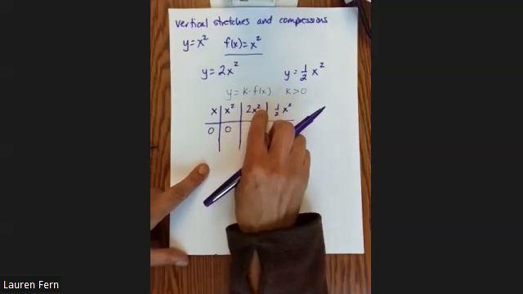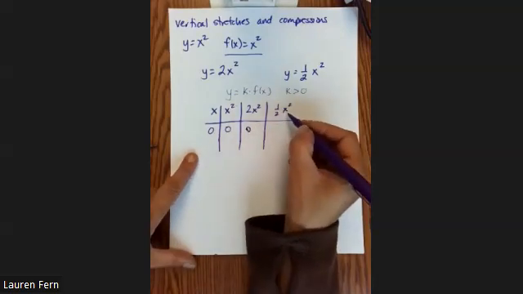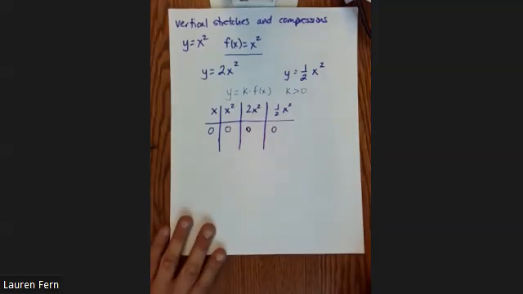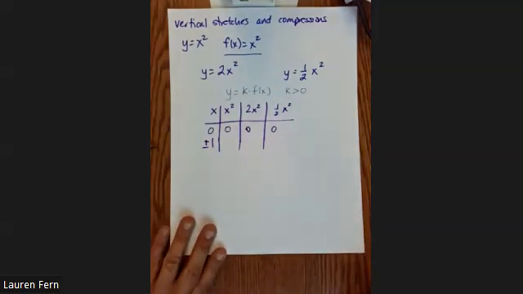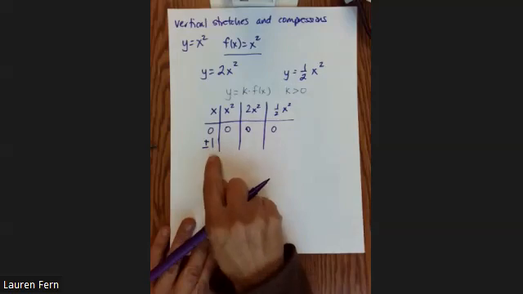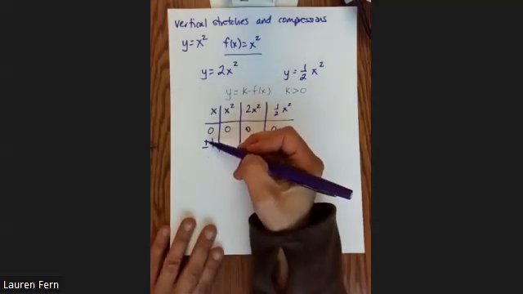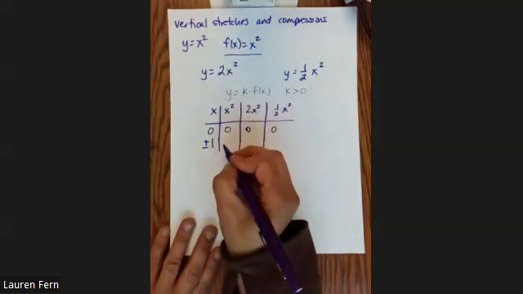What is 2 times 0 squared? 0. And 1/2 times 0 squared is also 0. Now I'm squaring this, so let's look at positive and negative 1 simultaneously, because when you square both positive and negative 1, you get the same thing. So if I plug in positive or negative 1, what comes out for x squared? Don't we get 1?